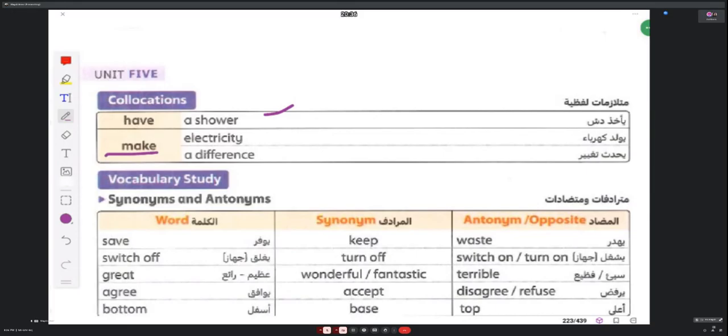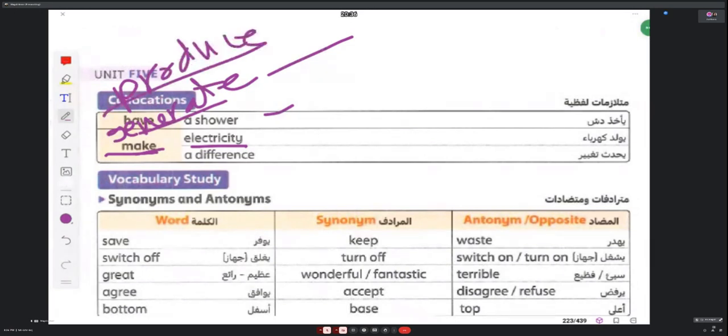Make electricity or produce electricity, and generate electricity. Generate means to produce energy or electricity. Make electricity, generate electricity, produce electricity. You can use these expressions with electricity.